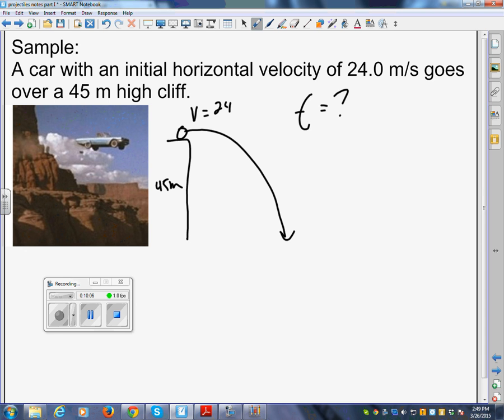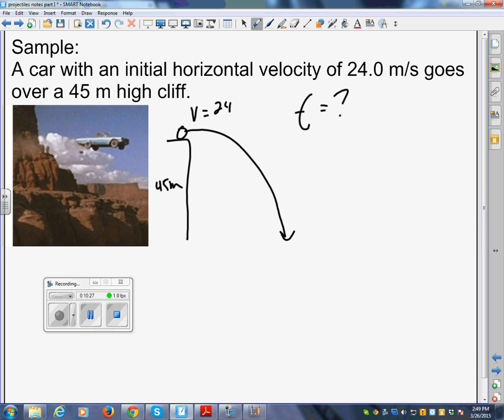No, vertical has nothing to do with horizontal. But when we say how hard it hits the ground, we mean how fast it is going horizontally and vertically, don't we? Because when it hits the ground, it's going to be going at an angle. That's vector addition, by components.